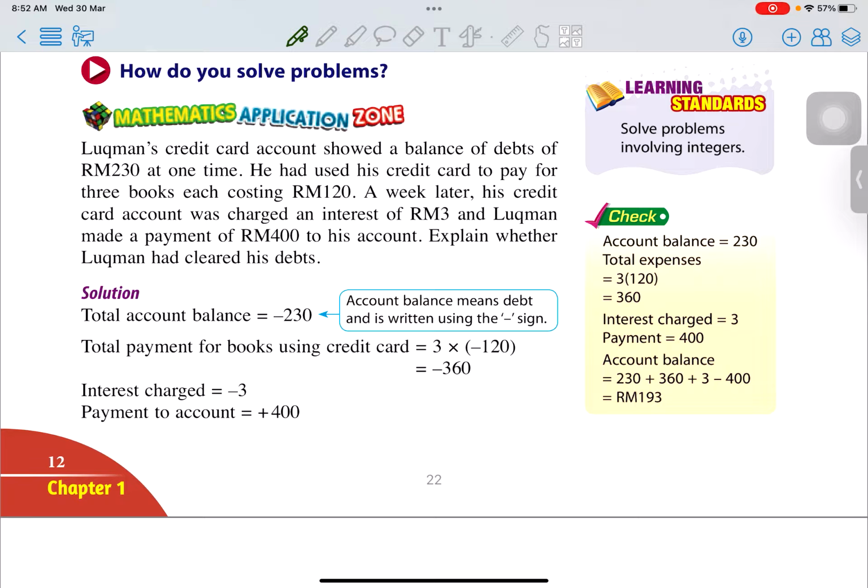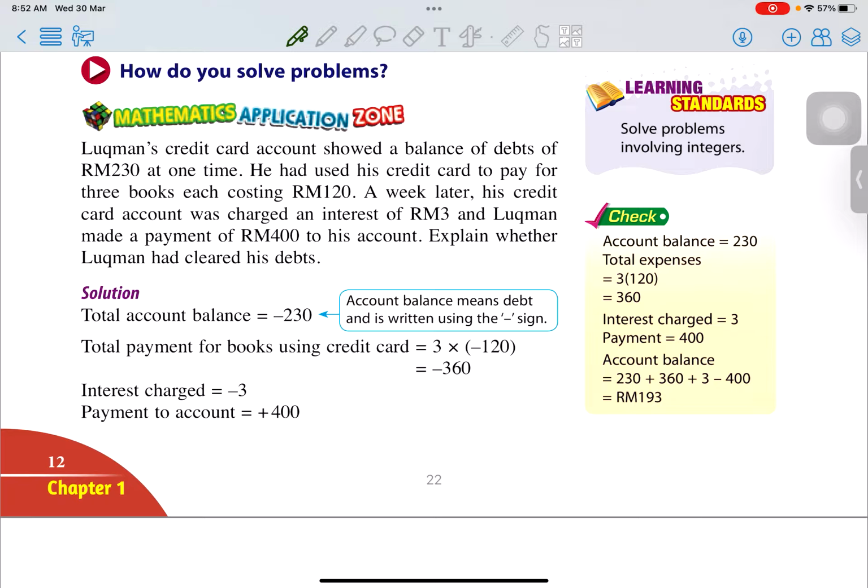A week later, his credit card account was charged an interest of 3 ringgit, because he used the credit card. And Luqman made a payment of 400 ringgit to his account. Explain whether Luqman had cleared his debt.